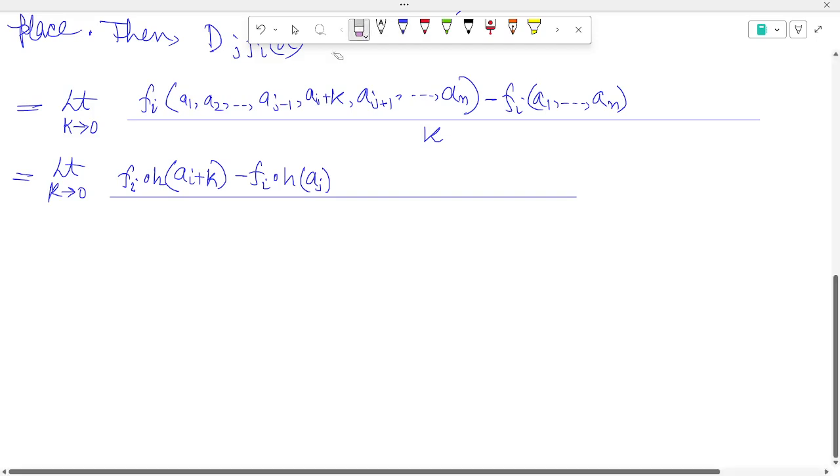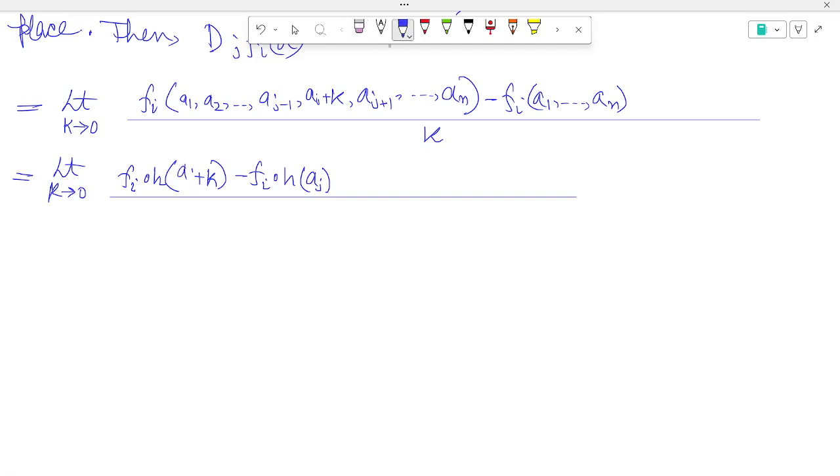So it will be a_j. This, I mean a_j plus k. It is not a of j, a suffix total j plus k, it is a_j plus k. So this is this thing. Not this, that much line is needed. This limit k tends to 0.